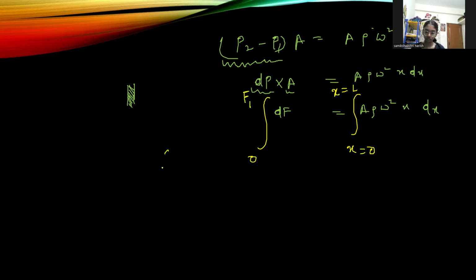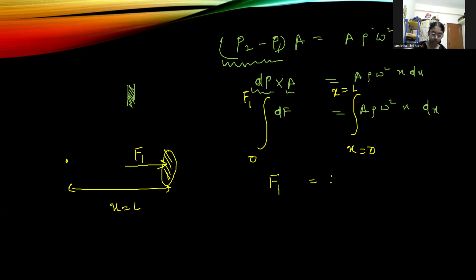I want it at x equal to L. Integrating gives x square by 2, from x equal to 0 to x equal to L. In our question they have mentioned that F1 is F. So F equals A rho omega square, that is L square by 2.